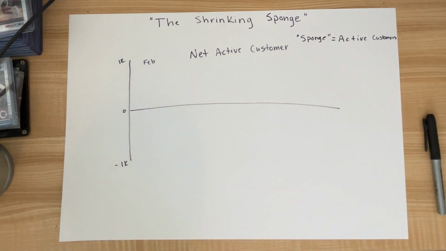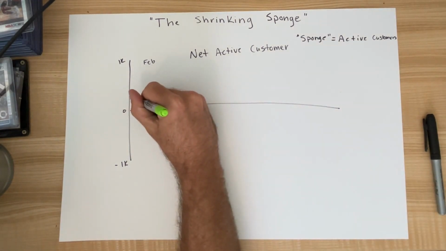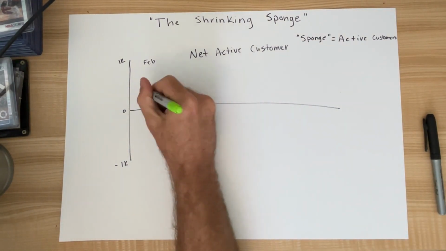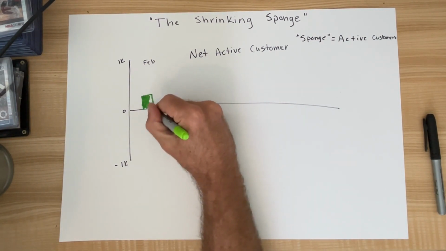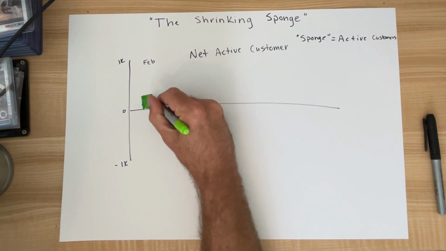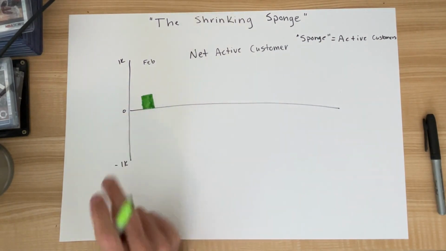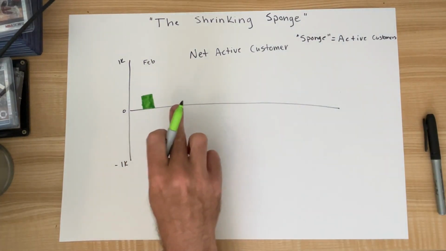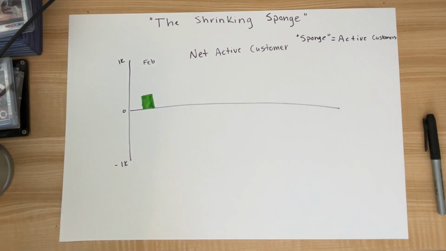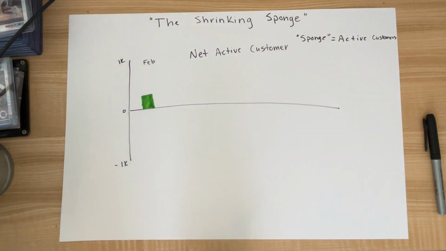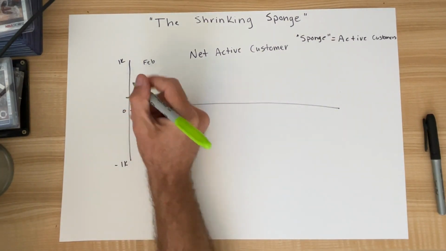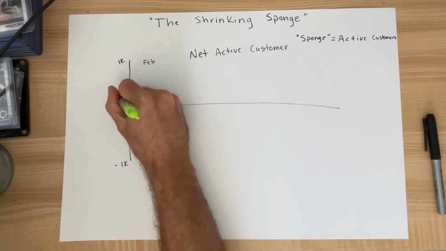And we're going to use our neon here to illustrate the core thing that we care about. This is the number of active customers that exist. This is our sponge, our green sponge. The number of active customers growing for a business represents the best predictive value for future revenue and profit for a business. Let's just say that this starts at 200.